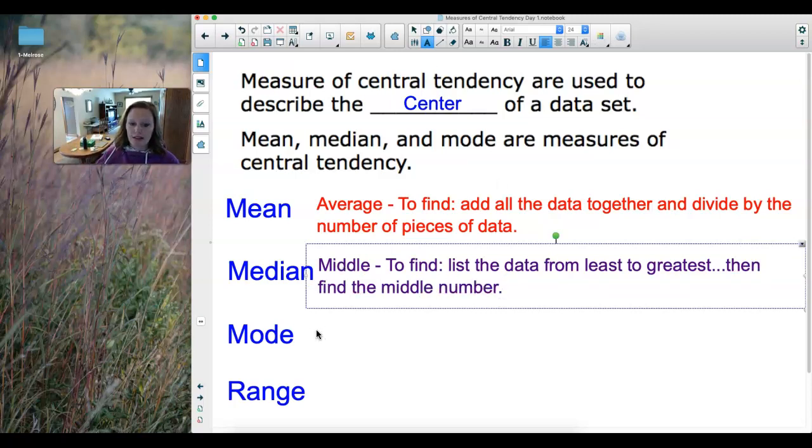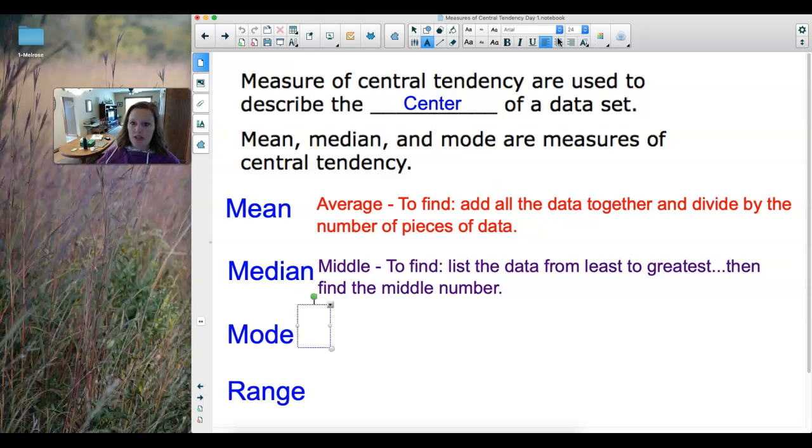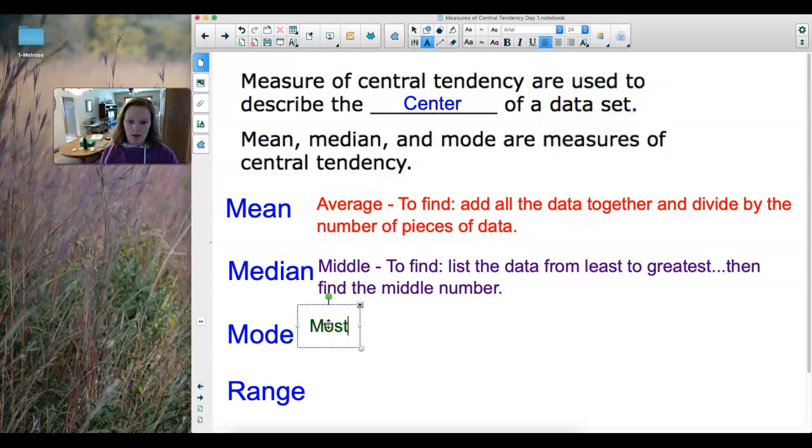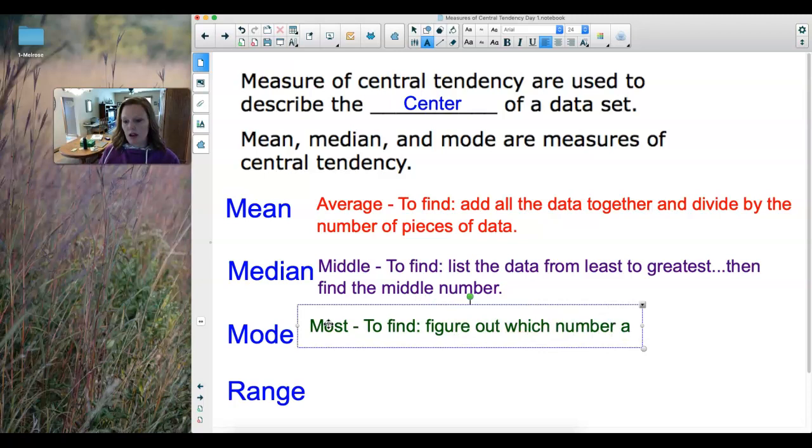And finally, the last one that we're going to talk about is mode. Mode means most. And so to find it, what you need to do is figure out which number appears the most often.